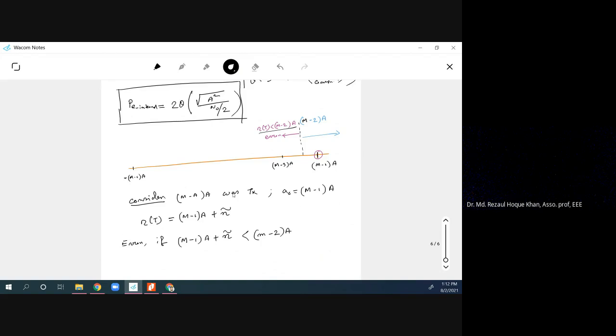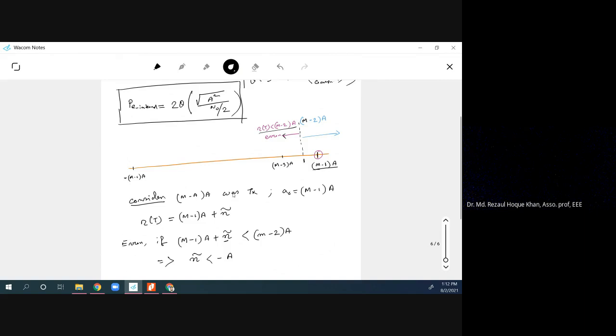So error happens if this transmitted constellation point, with noise added at the receiver, is less than this boundary m minus 2a; then it goes to the other side and the error happens. So n tilde, directly, just solve it.